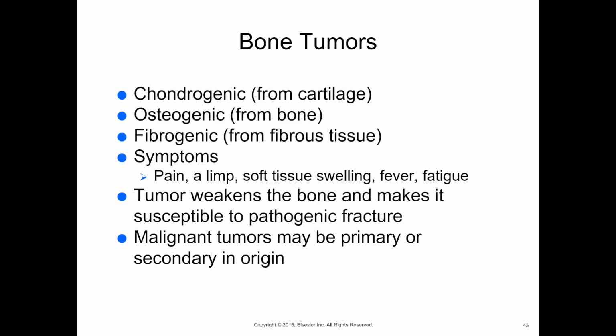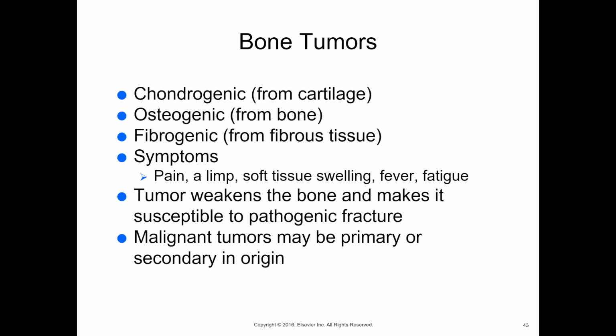Next, bone tumors. So these are going to be primary bone tumors, meaning they originate in the bone. Typically, we look at tumors being based from cartilage, from bone tissue itself, or from fibrous type tissues. There are lots of different types of bone tumors.